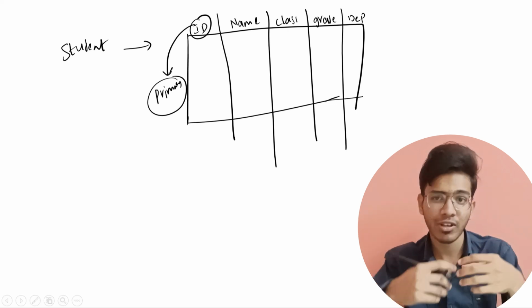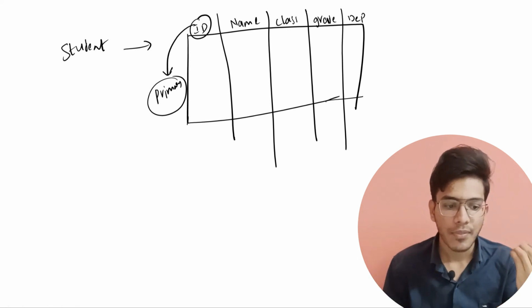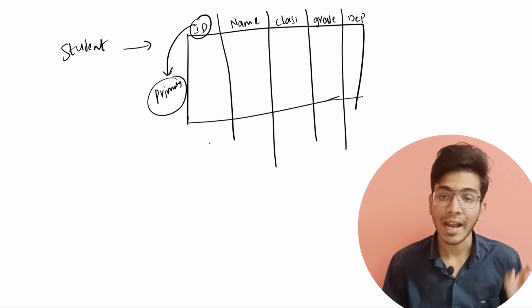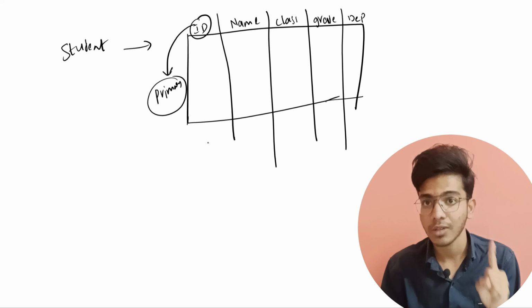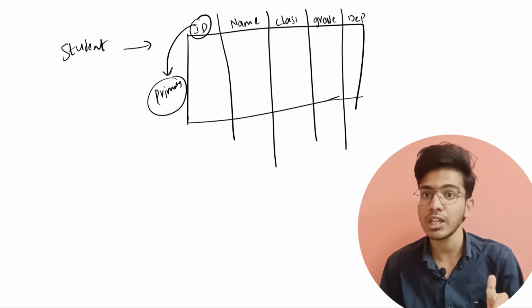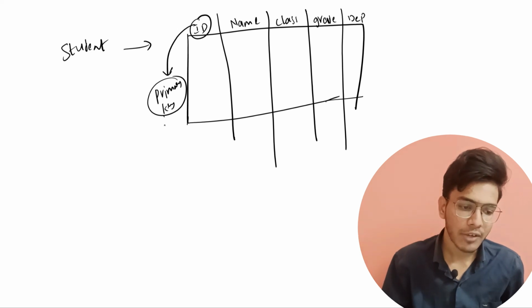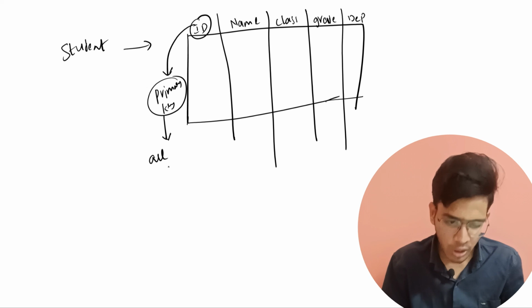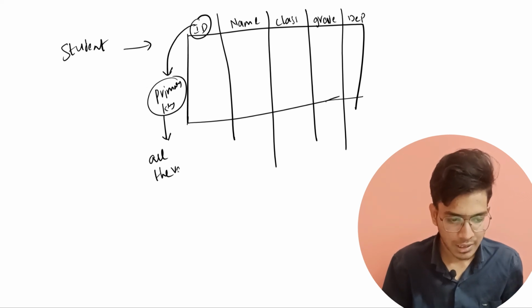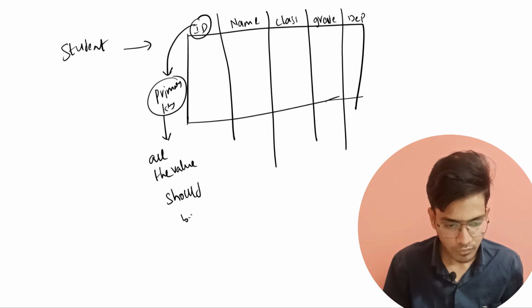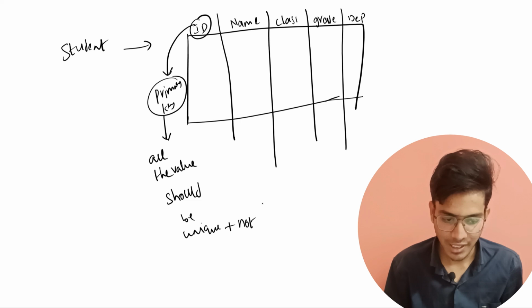If a column satisfies these two conditions, then that constraint is a primary key, and in a table there can be only one primary key. The thing you need to remember is that in a primary key all the values are unique and not null.